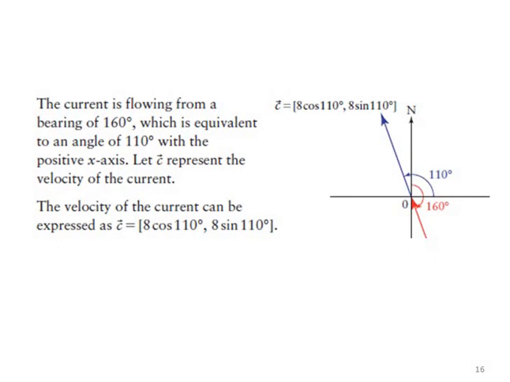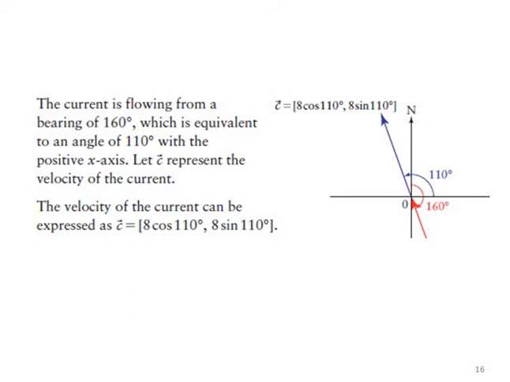The current is flowing from a bearing of 160, which is going to be equivalent to 110 with the positive x-axis. So the current is flowing at 8 kilometers per hour.